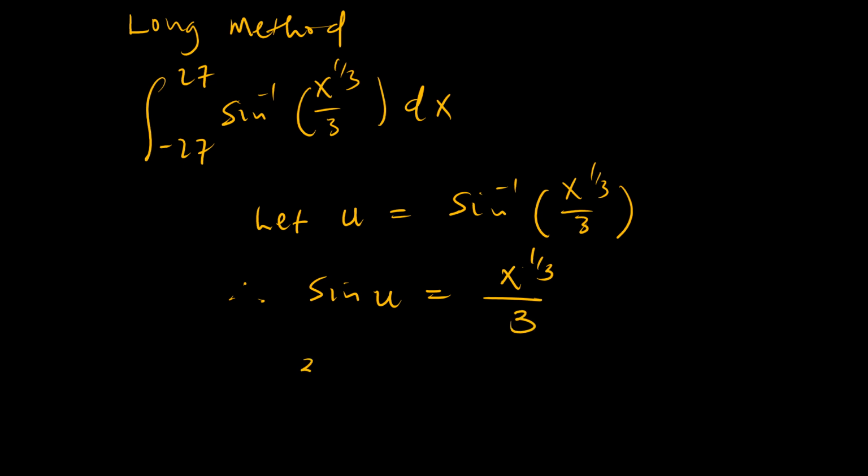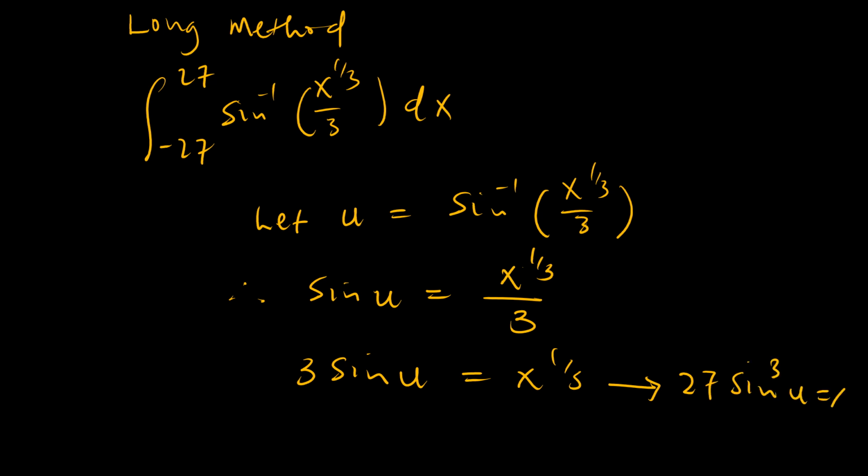In other words, 3 sine u is equal to x to the power 1/3, which means that 27 sine cubed u is equal to x.